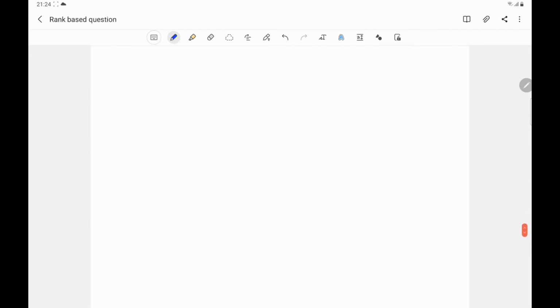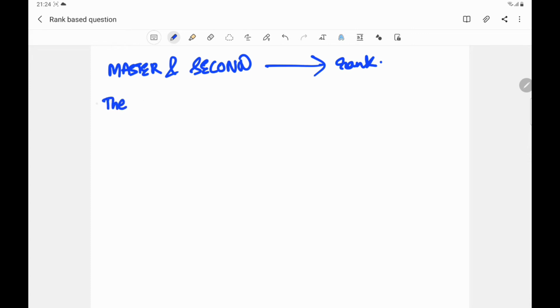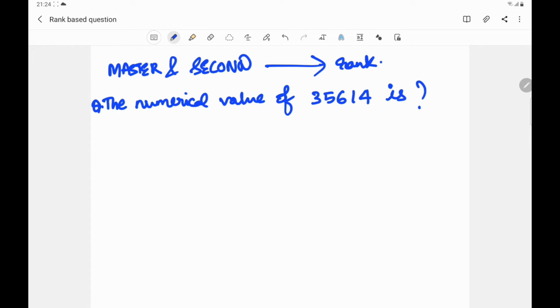Here in the earlier questions we have seen that words were given like master and second, and you were asked to find the rank. Now the question can also be as follows: the numerical value of 35614 is.